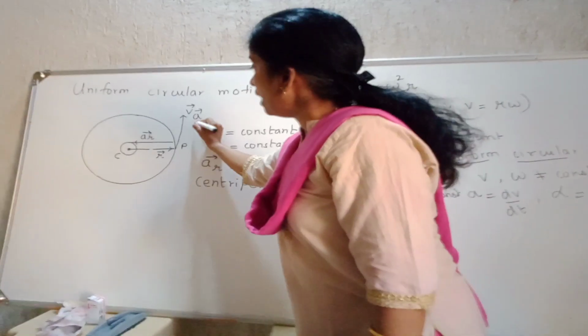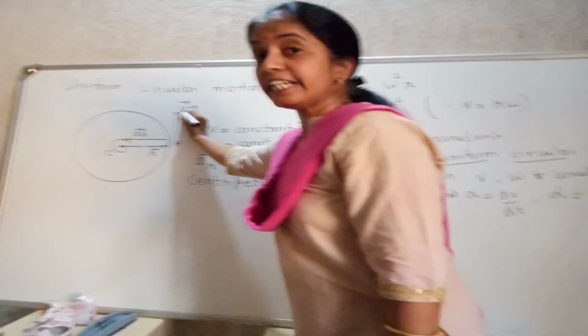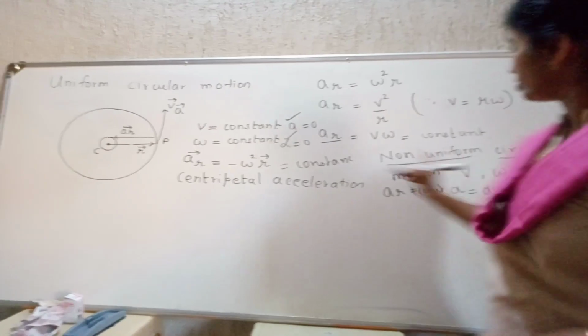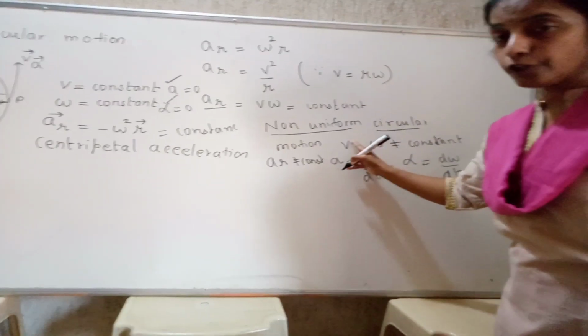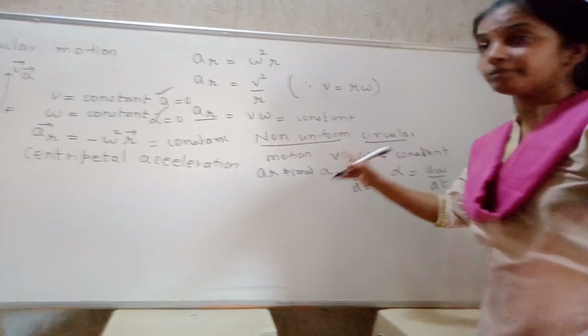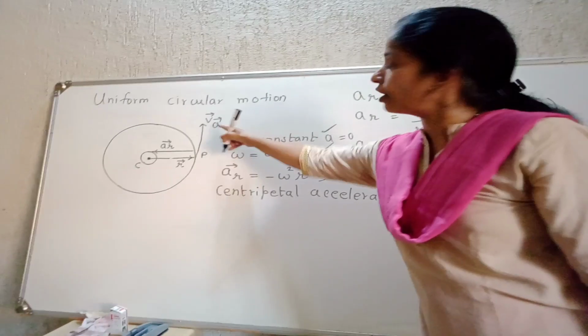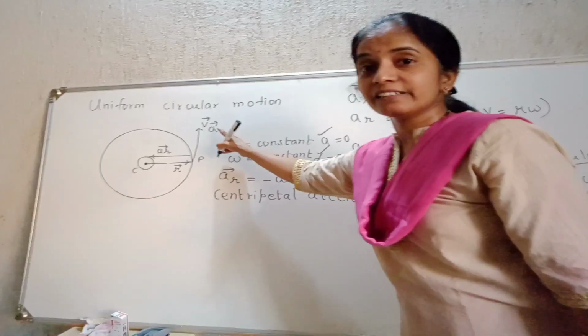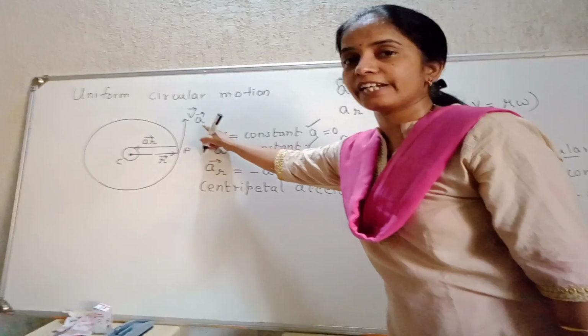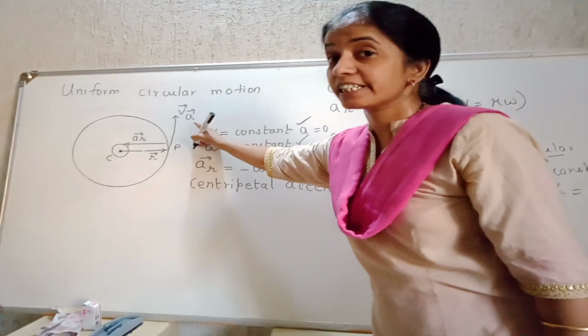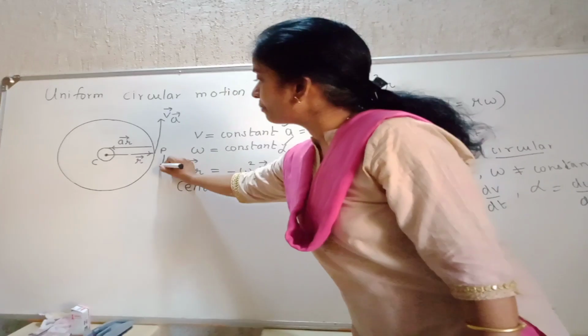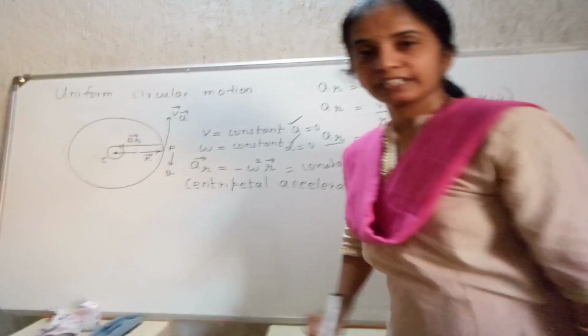Concentrate here. In non-uniform circular motion, V is not constant means what? Motion is accelerated. If the velocity is increasing, acceleration is in the direction of velocity. And if velocity is decreasing, acceleration will be in the opposite direction.